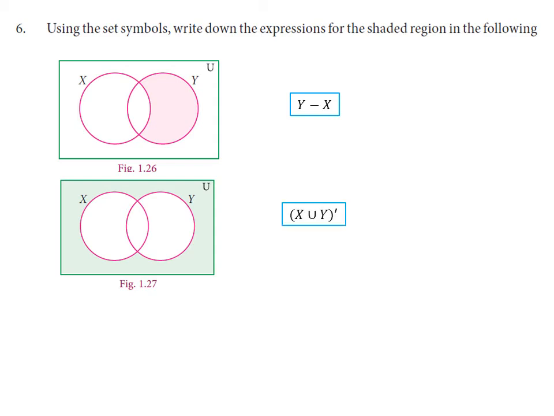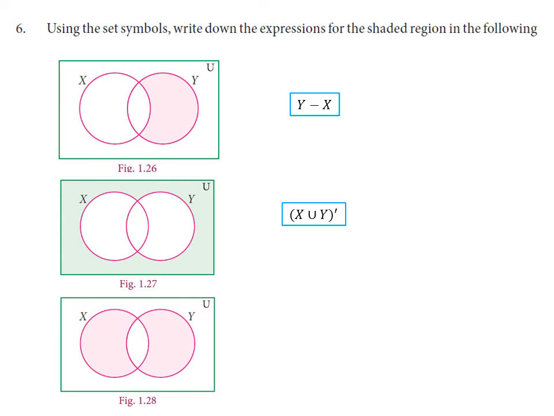Next problem. They shaded the X part and the Y part, and that common part they didn't shade. So this is X delta Y, which is nothing but X minus Y union Y minus X.